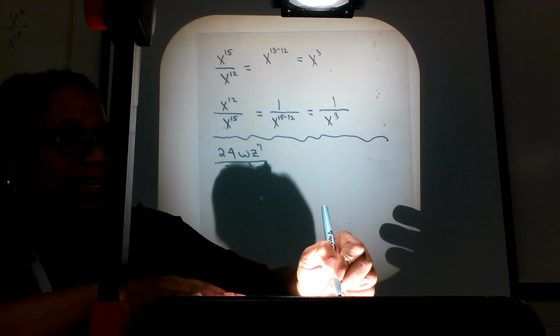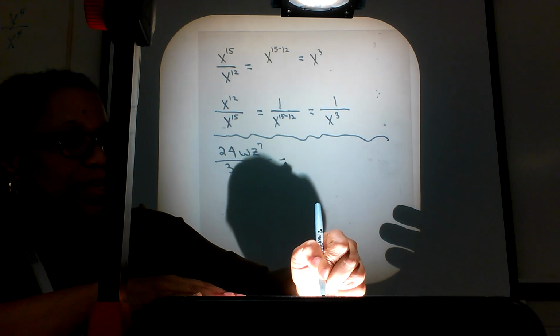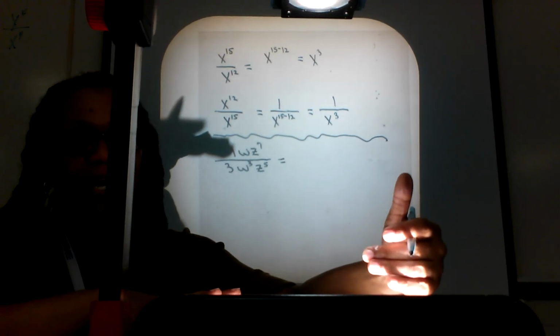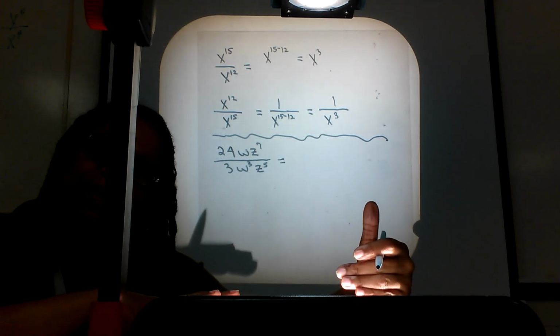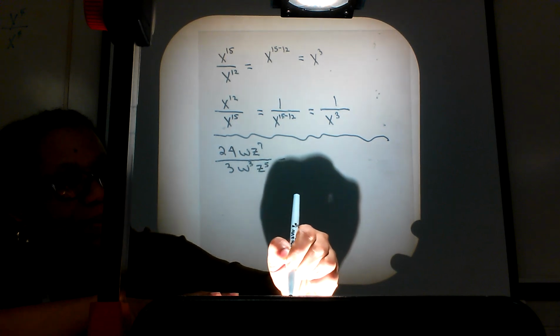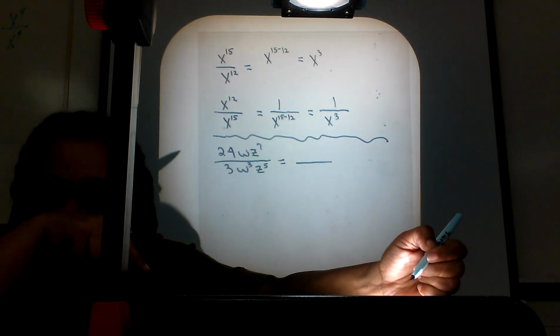This is not hard, guys. You know why? What you're going to do on this is just start moving stuff around. You're going to either bring it up to the top or down to the bottom. So draw your line, because you know you're dealing with a fraction here.